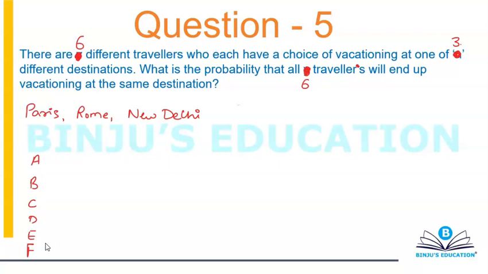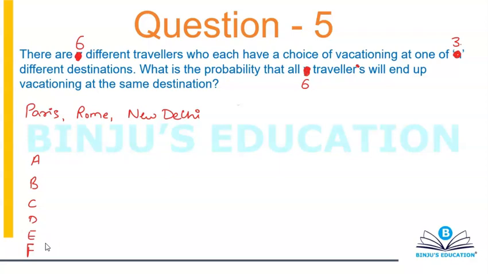So how many possibilities are there as far as their choice of vacationing is concerned? Now, A can go to any of the three places: Paris, Rome, or New Delhi.